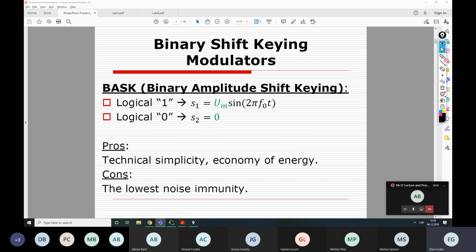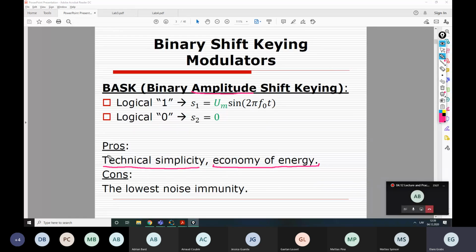And now let us start talking about modulators, about blocks which we need to create our radio signals from logical levels of 1 and 0. The simplest way is binary amplitude shift keying, which is technically simple. Also, it provides some economy of energy conservation, right?